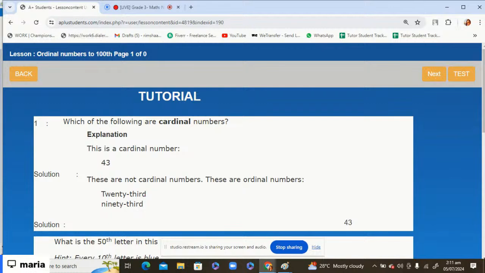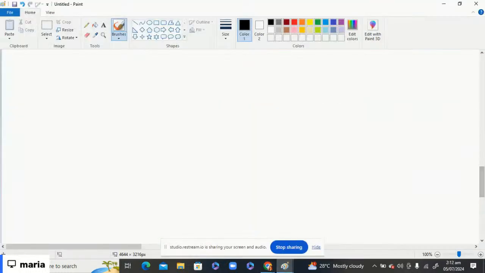All right, so what are the ordinal numbers? Ordinal numbers are basically, for example, you are going to write down the numbers in the form of like this way. If you have a number like fourth, here is th on the top, like it's fifth, you're going to write down like this way.